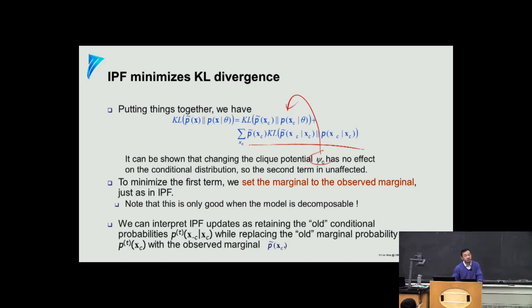Therefore, to get an optimal value of phi c, you only need to minimize this part of the KL, which is the marginal of Q, the marginal of the clique, versus the empirical of the clique. So that gives you basically the same identity as we had before, which is xc equals to p of.